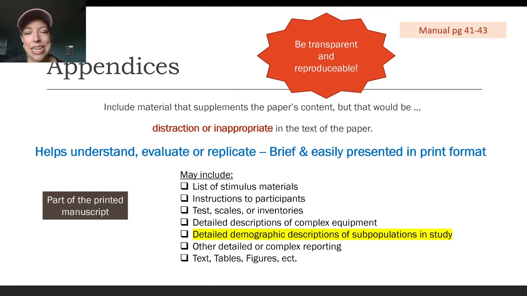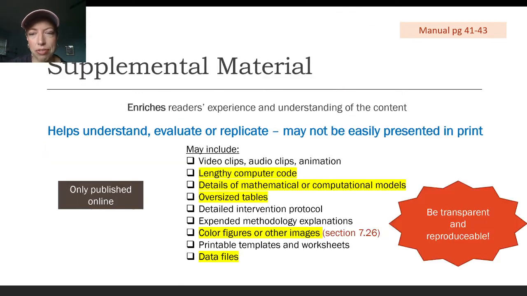This could be things like the actual copy of a measurement scale we're using, any instructions given to participants, more descriptive material that is really complex and would be distracting in the main body, more detailed demographics, or information in tables or figures. So it's part of the manuscript, but it is at the end for reference.